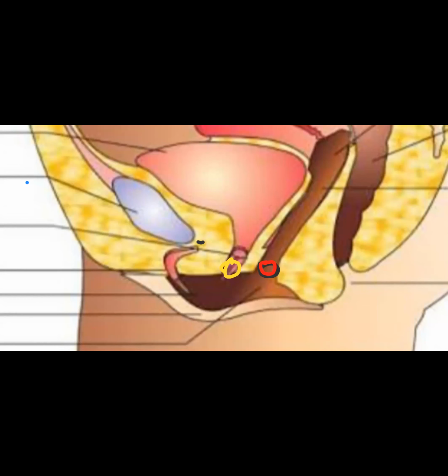What do you call the pair of thin folds which cover these two openings as immediate structures? Labia minora. And outer to them are what? Labia majora, paired fleshy folds of tissue extending down from the mons pubis to this point, behind which there is the anus or anal aperture.